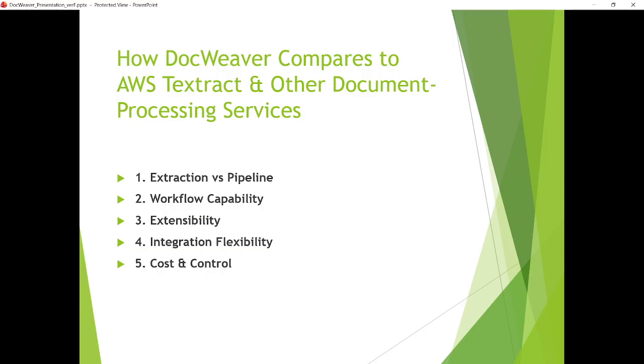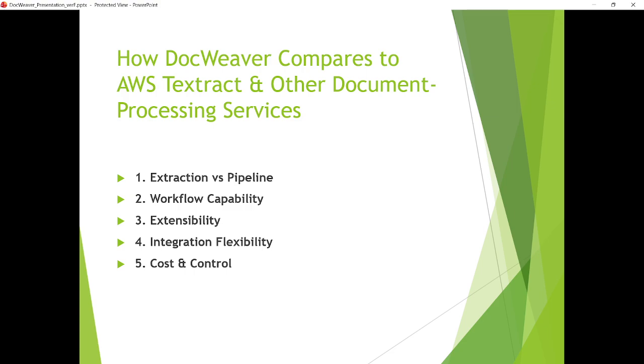Those industrial-level services are very amazing. Textract is extremely advanced for OCR and field extraction. When you upload a PDF, you get great results for text, tables, and features from your complex documents.